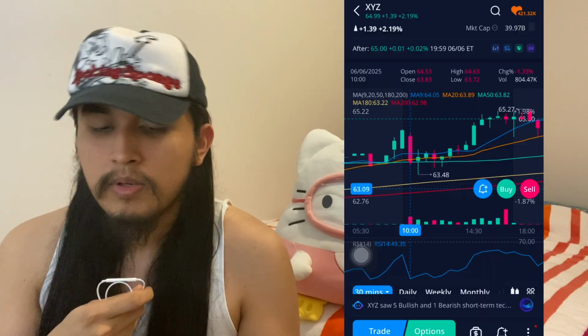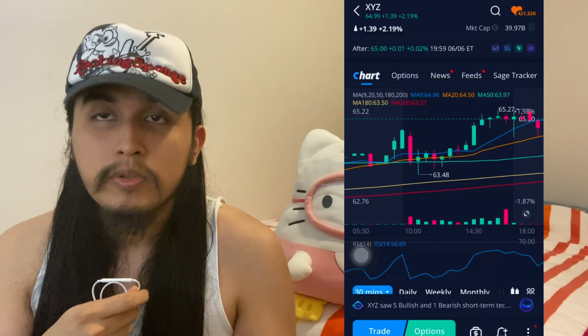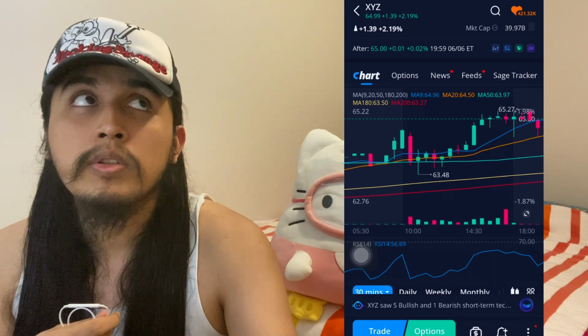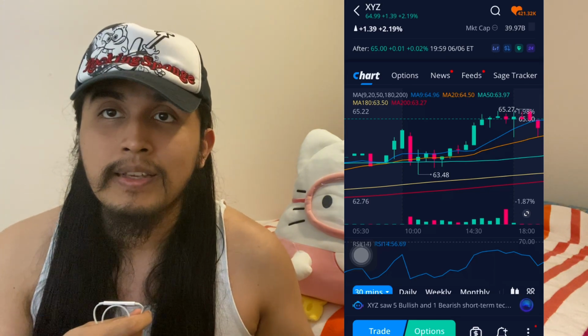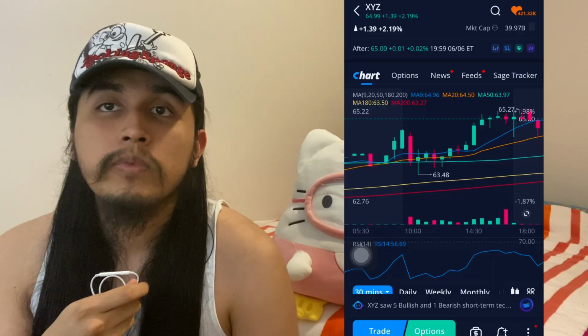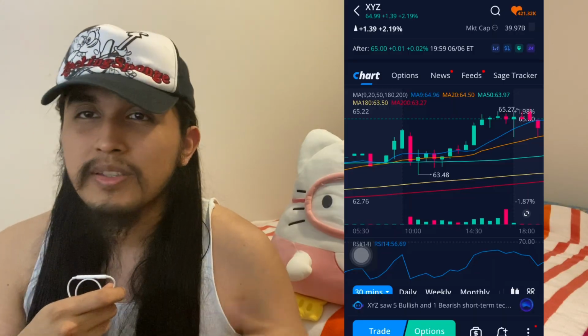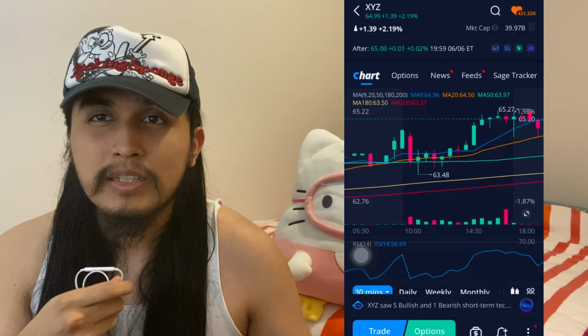Once XYZ falls to those moving averages and then decides to make a sudden U-turn towards the upside, your position can be in the green a lot faster. Just to keep it simple, that's the best way I can explain it.